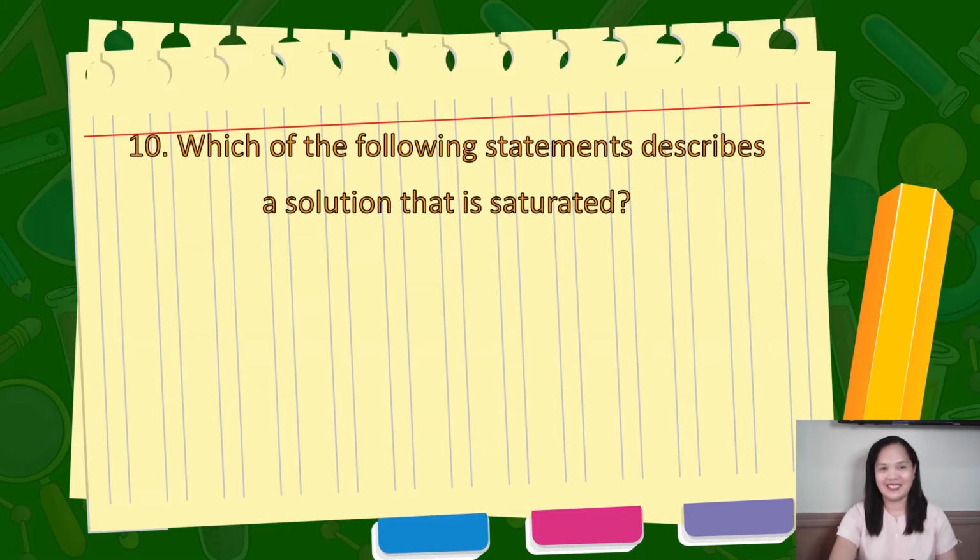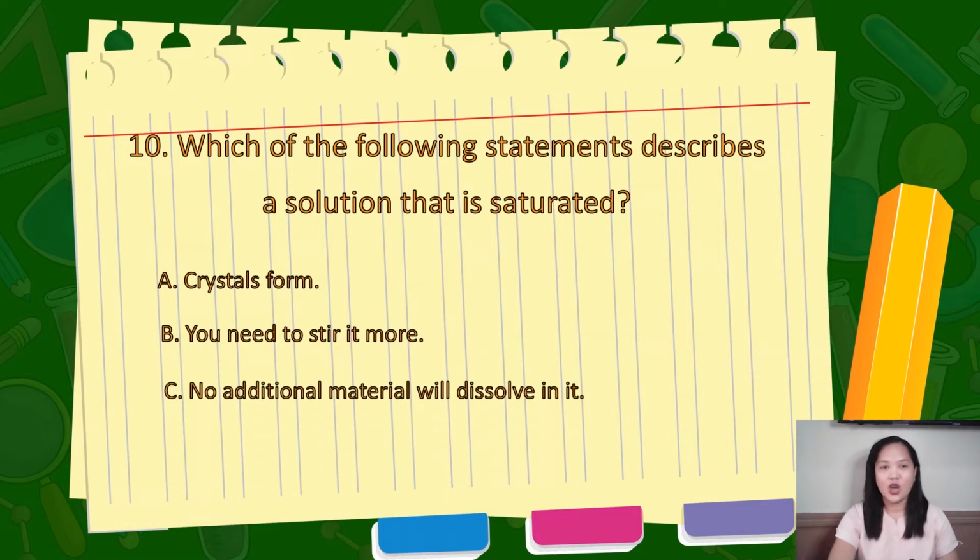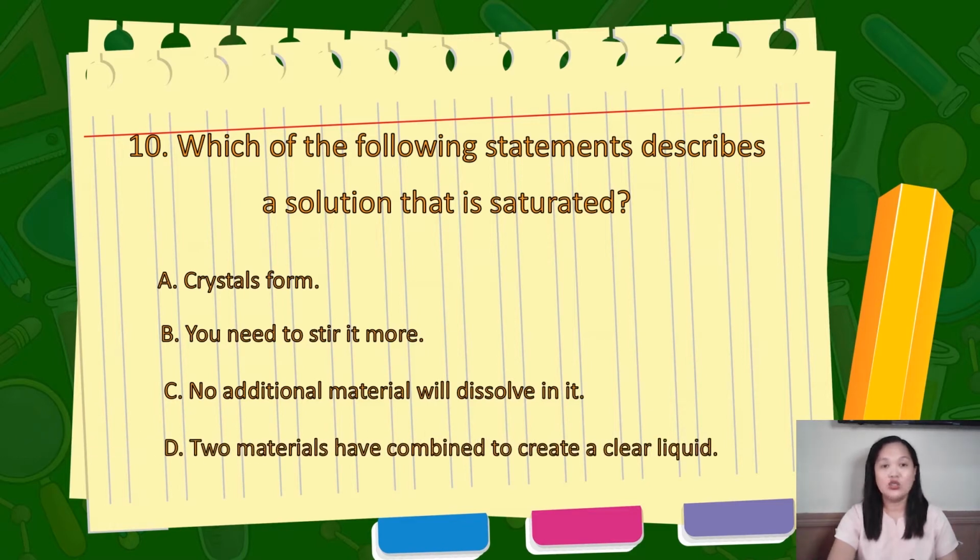Number 10. Which of the following statements describes a solution that is saturated? A. Crystals form, B. You need to stir it more, C. No additional material will dissolve in it, D. Two materials have combined to create a clear liquid.